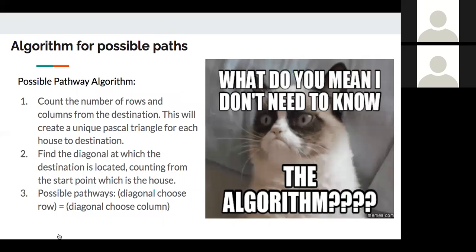With these restrictions and assumptions on this town, we needed to develop our algorithm for the number of possible pathways from a house to a hospital. The first step is to count the number of rows and columns from the house to the hospital, and then create a unique Pascal triangle for the house.